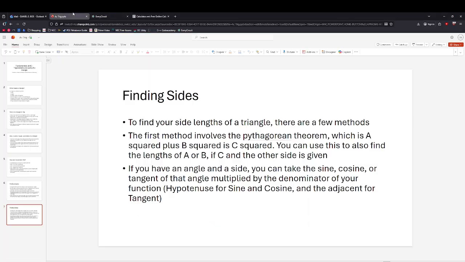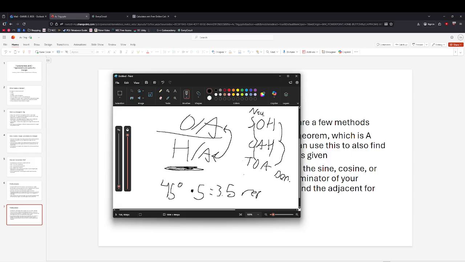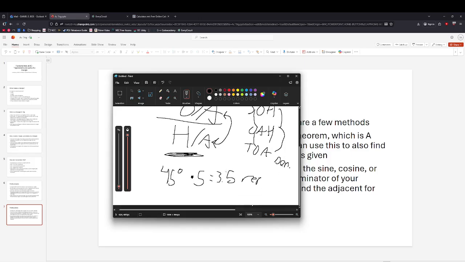So that gives you the side that you're looking for at that point, which, let's say that's our opposite side. No, let's say that's our adjacent side. Then you would do the opposite. You would do the tangent of this angle, or of one of the angles. I forget which one is which sometimes.